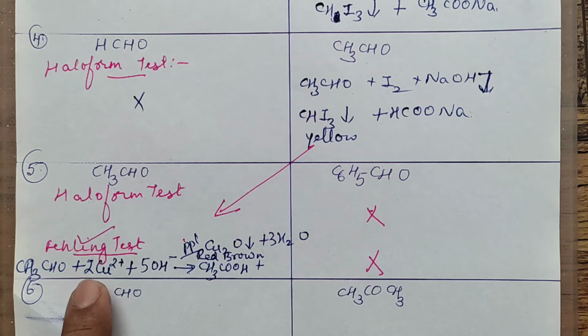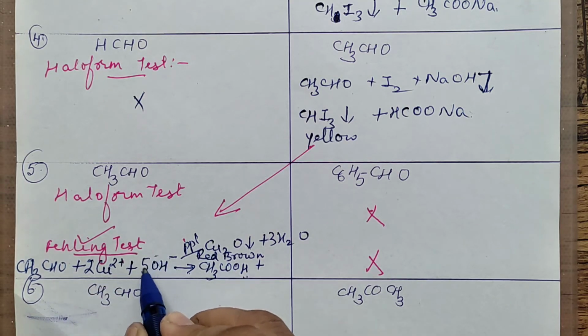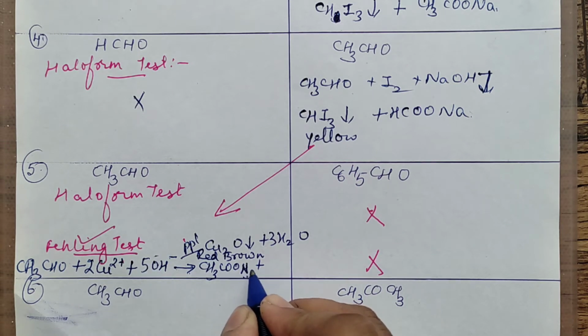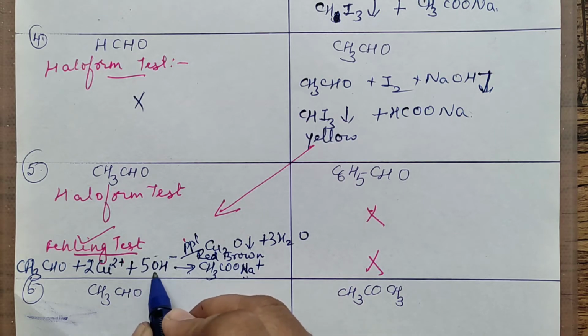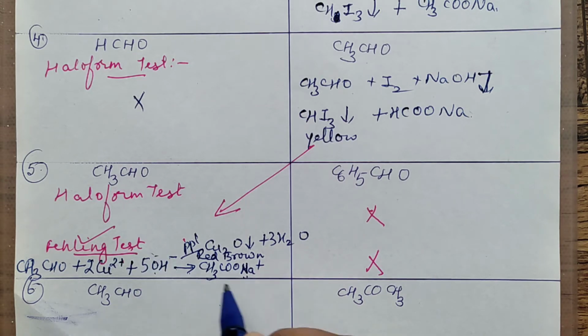So that is the whole equation you will write: acetaldehyde plus this. I have written H here, but you might take NaOH or whatever, so accordingly you will get the salt of it. Since I did not write NaOH, I have written just H, but otherwise it will be the sodium salt. What are you getting here?